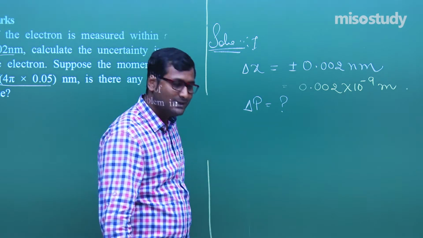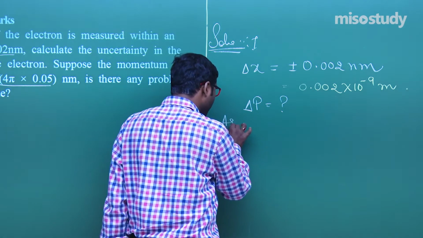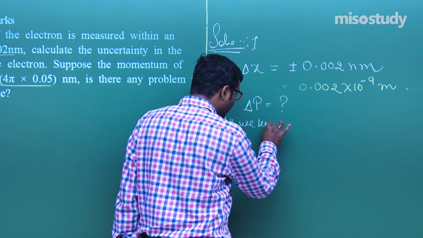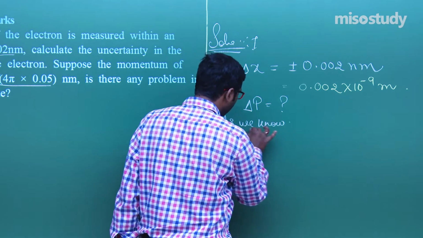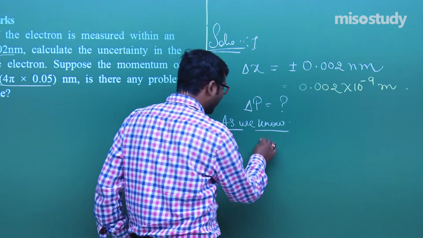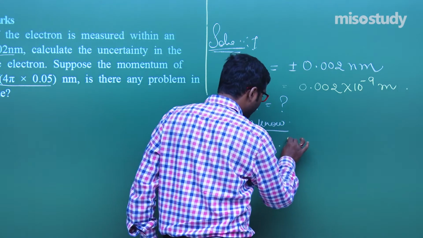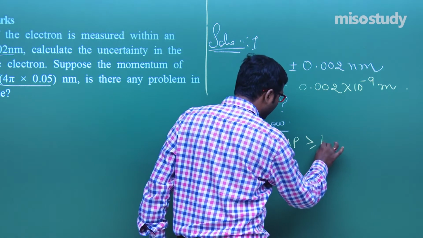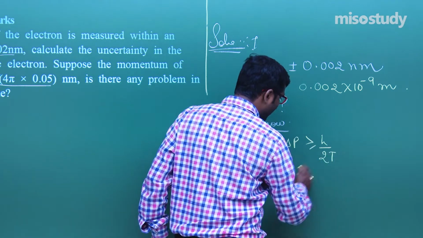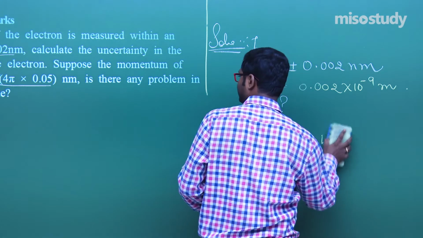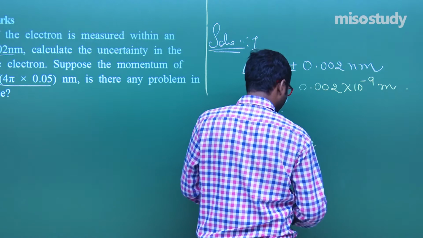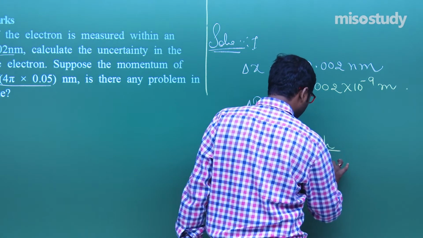Am I right? Yes, sir. Now what to do? Listen carefully. As we know, delta x into delta P is greater than or equal to h upon 4 pi. Clear to you? Put here h upon 4 pi.